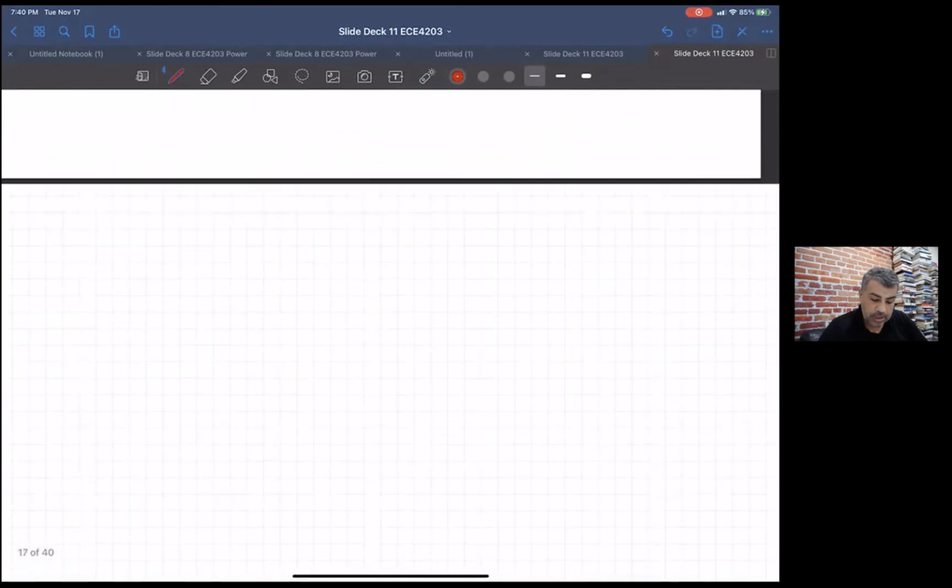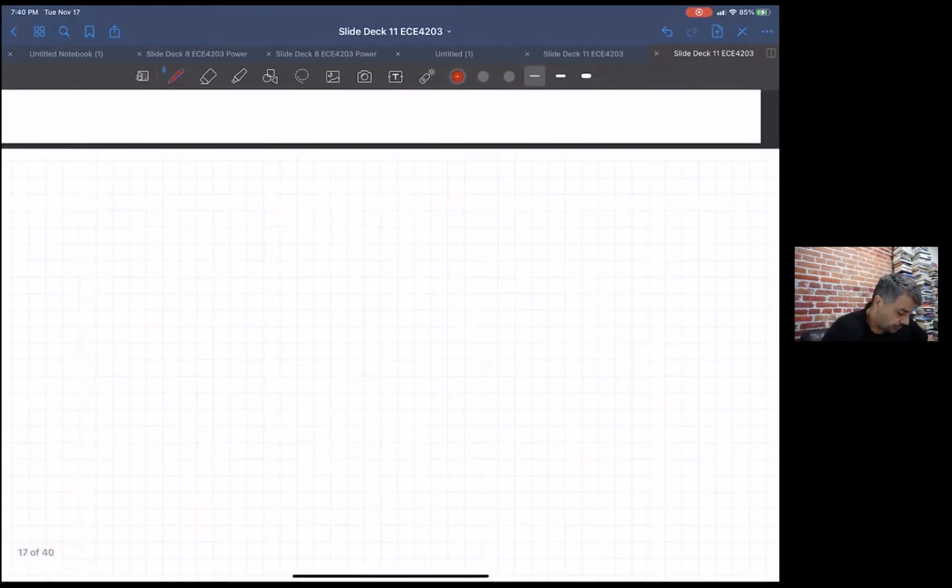Okay, so let's do an example. You guys can peek because it's the next slide. First we just want to figure out the sheet resistance.